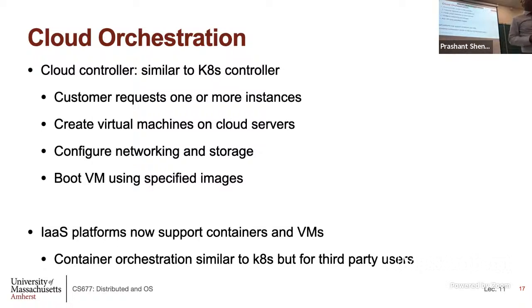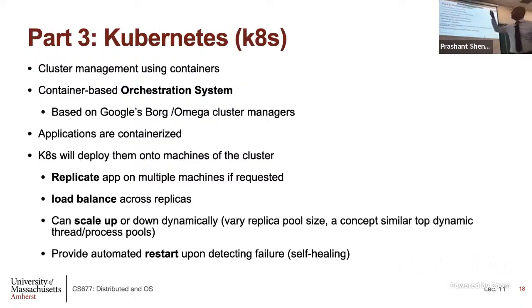But that logic that's going to do all of that is called your control plane, and this process is called orchestration. Now, with that background, we are going to look at a very popular orchestration platform, which is called Kubernetes. Kubernetes is essentially designed for container orchestration. It's not orchestrating VMs. The cloud control plane actually orchestrates virtual machines. Kubernetes does the same thing on a cluster, but it orchestrates containers.